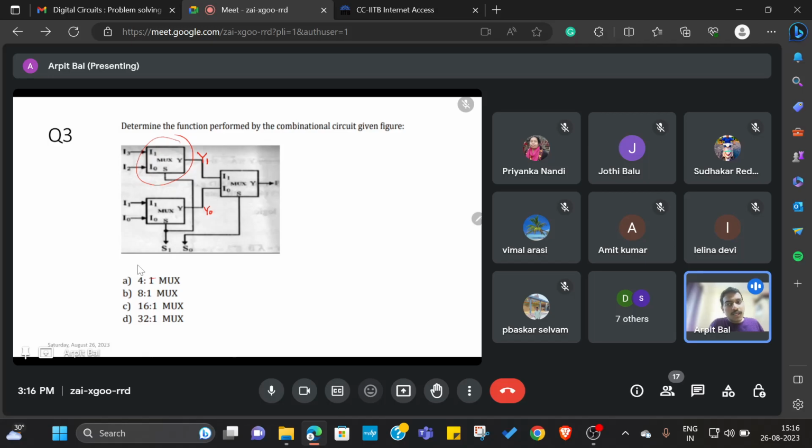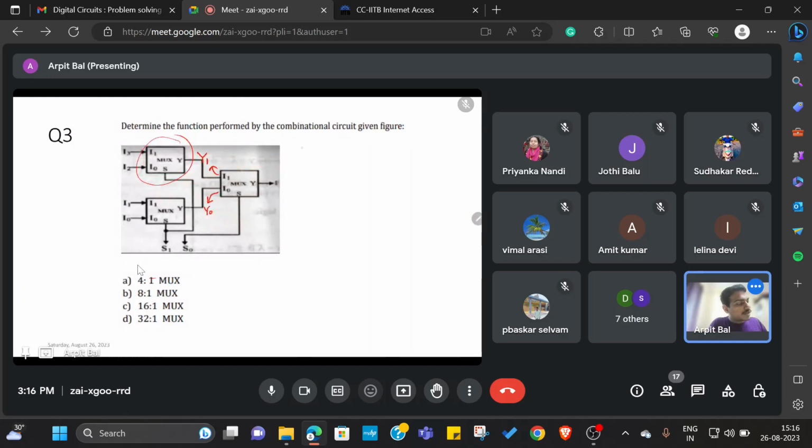We are just using some nomenclature for our convenience, so that we will be able to solve the equations in a better way and have clarity on what the equation represents. I put y1 to represent that it is going to the input i1, and similarly y0 to represent that it is going to input i0.